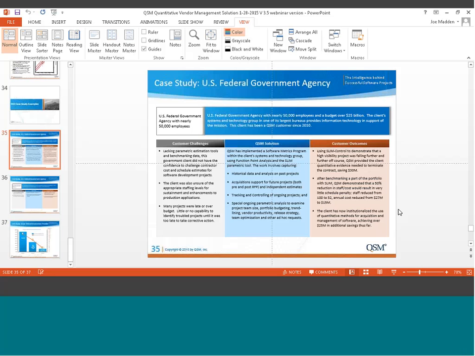Maybe there are other reasons why you really want to do business with this vendor. Maybe they're offering a very creative and innovative solution. Maybe you just want to try them out on one project. So in the independent estimate, you just account for that additional risk. You maybe get a little more conservative with the productivity assumptions, for example.